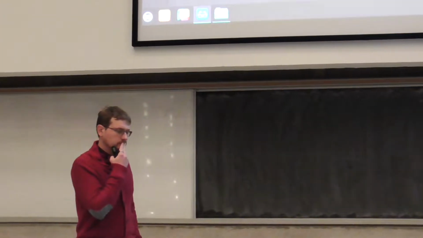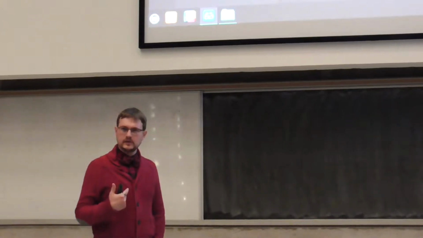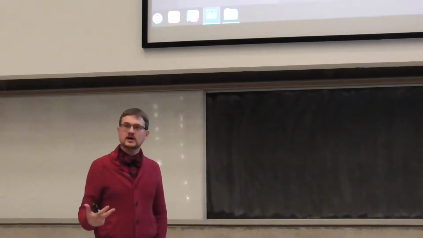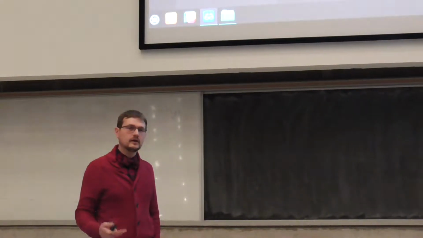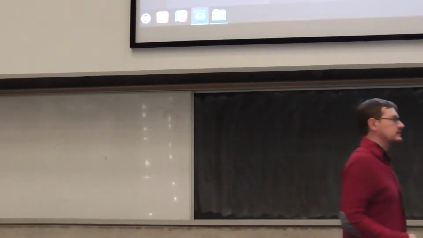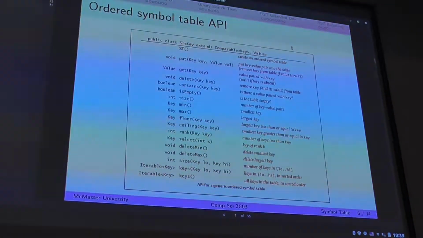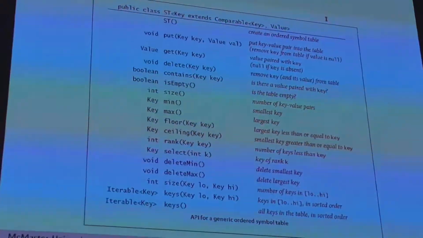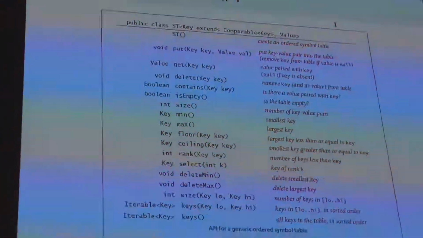So, once again, once we have introduced the concept of ordering, we are stepping out of some degree of generality so that we might greatly improve our runtime. Once we have an ordered symbol table, a lot more functions become available, right?